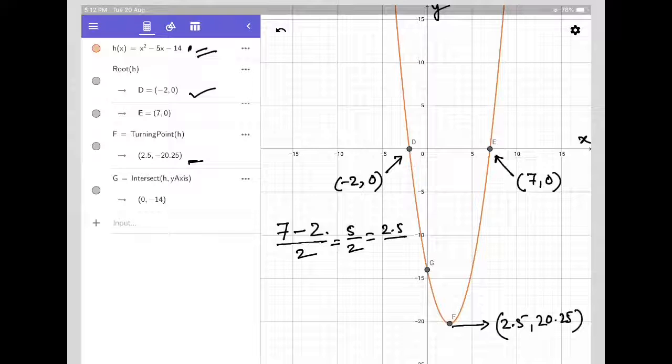So, this I can call the vertex or turning point, and this is the y intercept, where this parabola intercepts the y axis, and the y intercept is found at 0, minus 14.